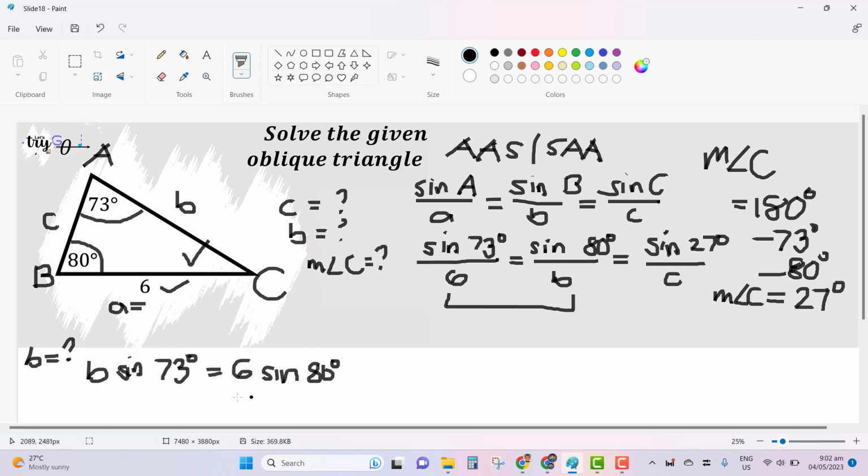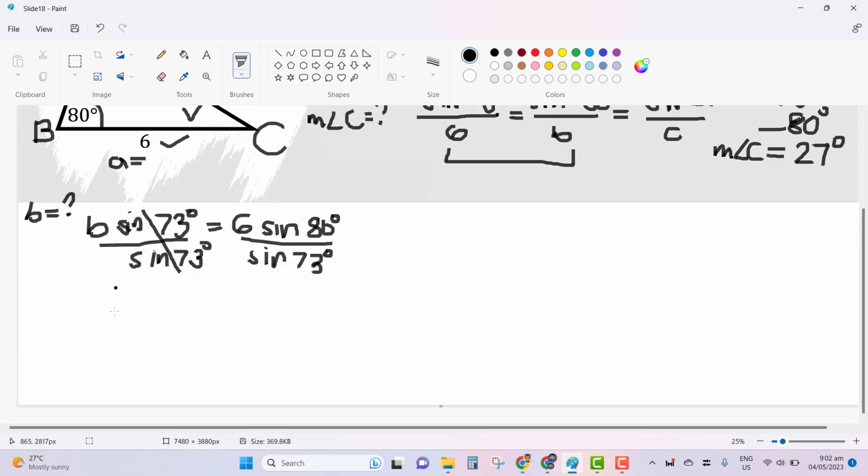Next, we will be dividing both sides by sine 73 degrees so that it can be cancelled out here. And again, we do the same thing on the other side. So B can be computed as the result of this entire expression.